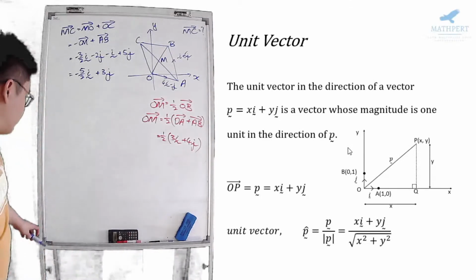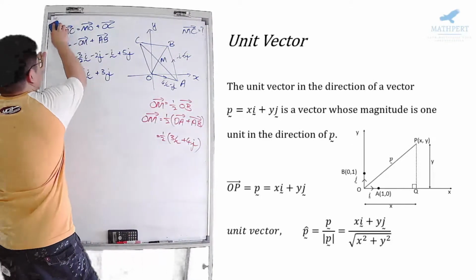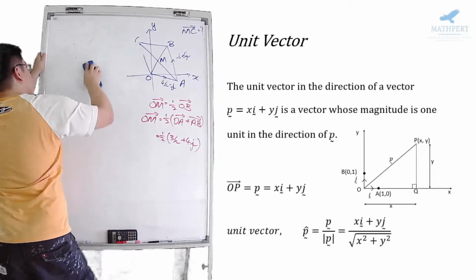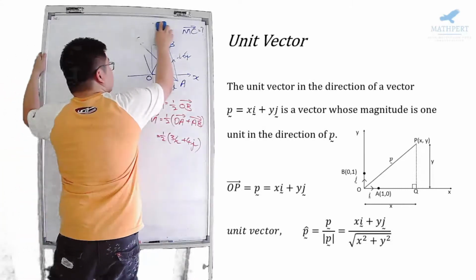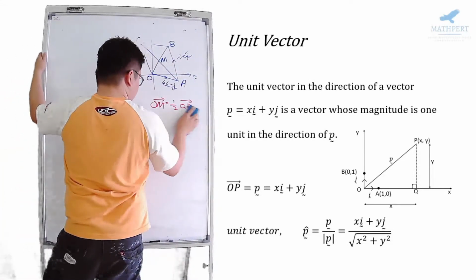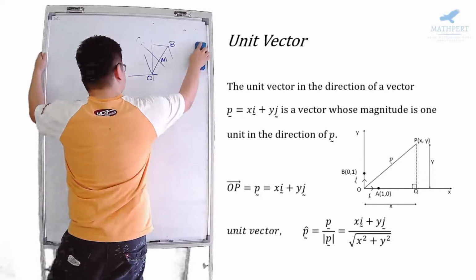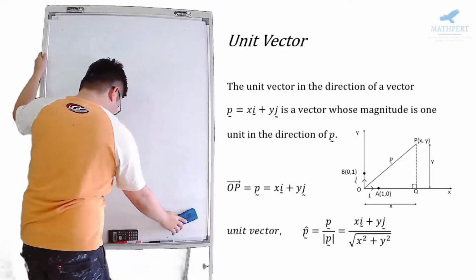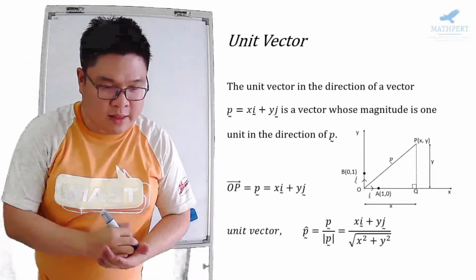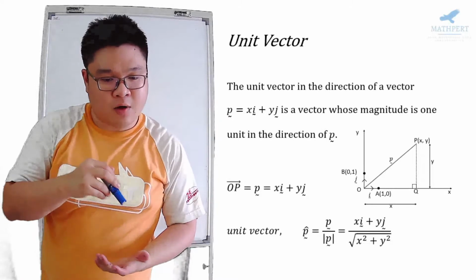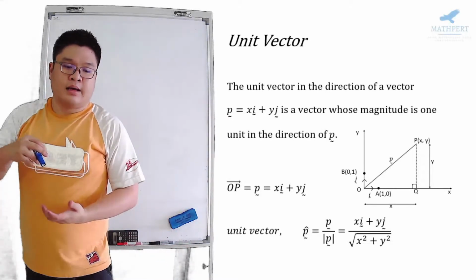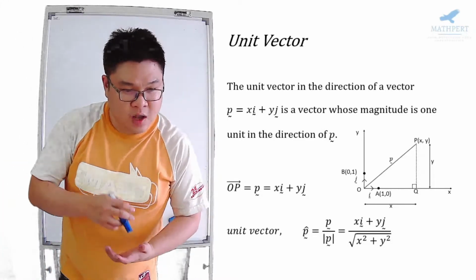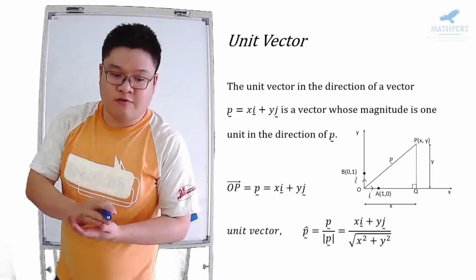Okay, unit vector. Let me clear this. The unit vector in the direction of a vector p equals xi plus yj is a vector whose magnitude is 1 unit in the direction of p.